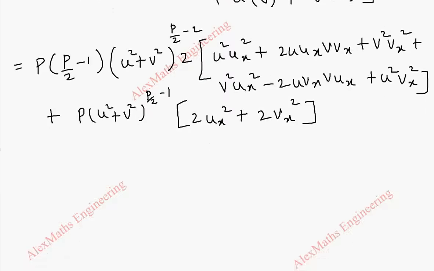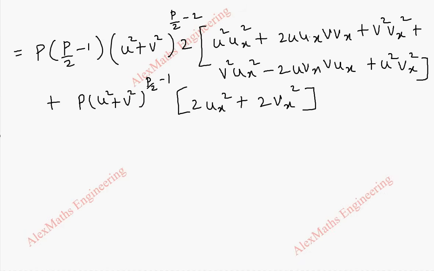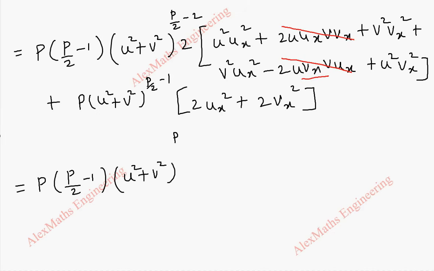Now we can cancel 2 times ux v vx with minus 2 times ux v vx. Just the product is in a different order, but we can cancel. Now p into p by 2 minus 1, and this is u square plus v square power p by 2 minus 2 into 2.